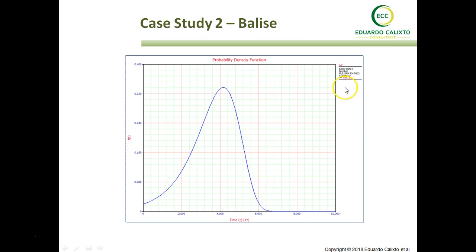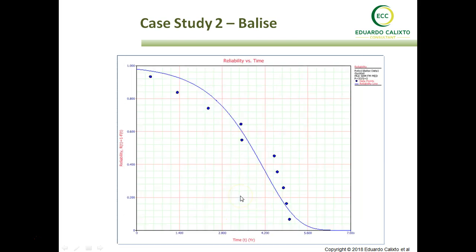After that you see we can plot the Gumbel PDF, and you see that the Gumbel is shifted to the right and skewed to the left. That's the shape of the Gumbel PDF. So we see the reliability function.